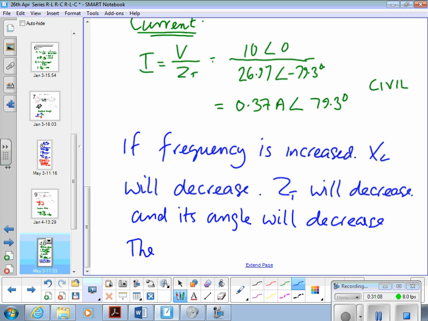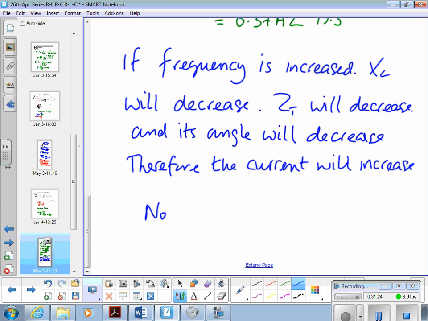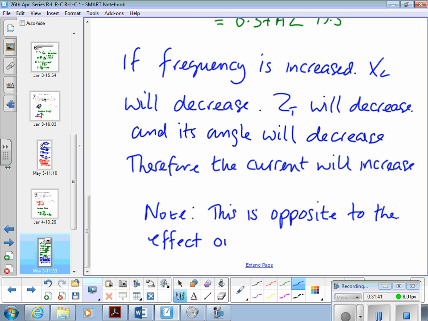Therefore, the current will increase. Note, this is opposite with the effect on an inductor in the same circuit.